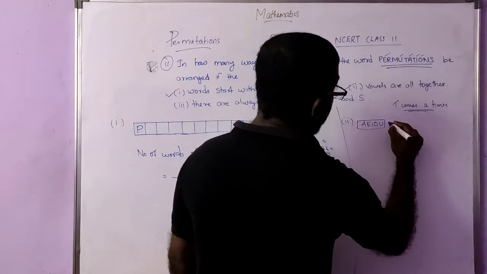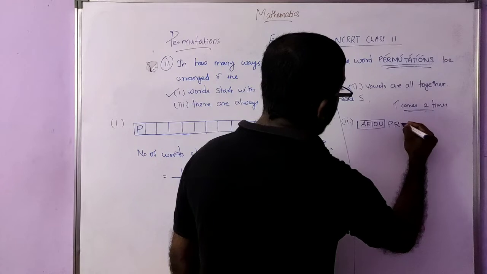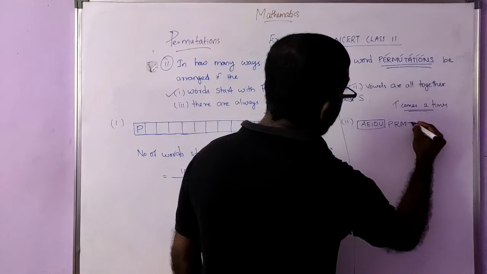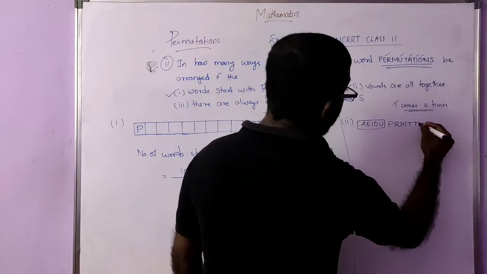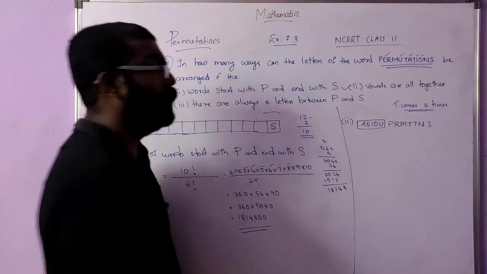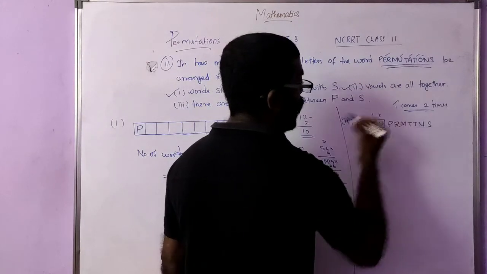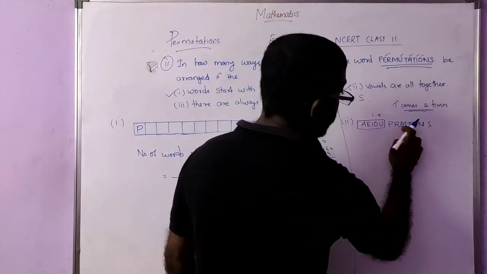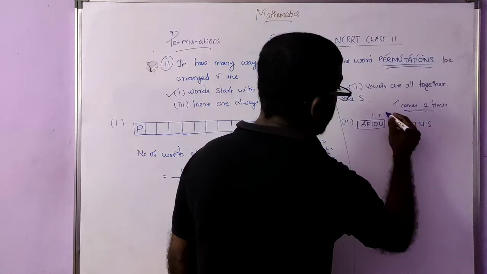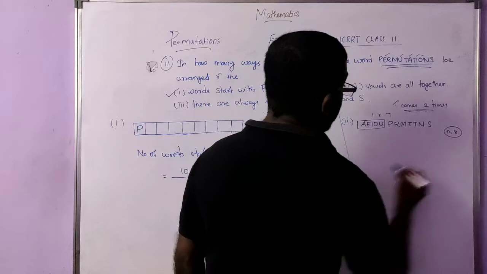The remaining letters are P, R, M, T, T, N, S. So like in the previous question, we can consider this A, E, I, O, U as one letter. Then remaining 1, 2, 3, 4, 5, 6, 7. So the total value of n is 8 here.